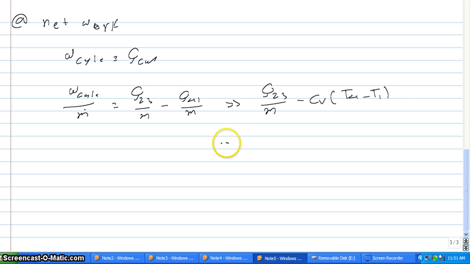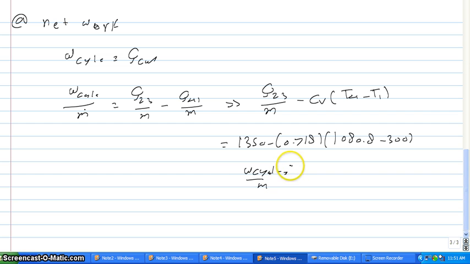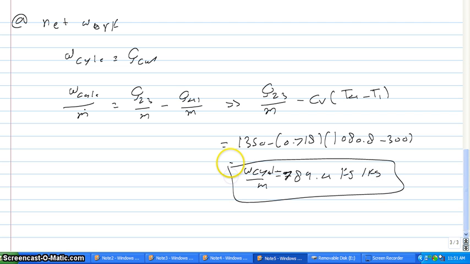Plugging in the numbers, 1350 minus 0.718 multiplied by (1080.8 minus 300), we get the work cycle equal to 789.4 kilojoule per kilogram. Boxing my answer.